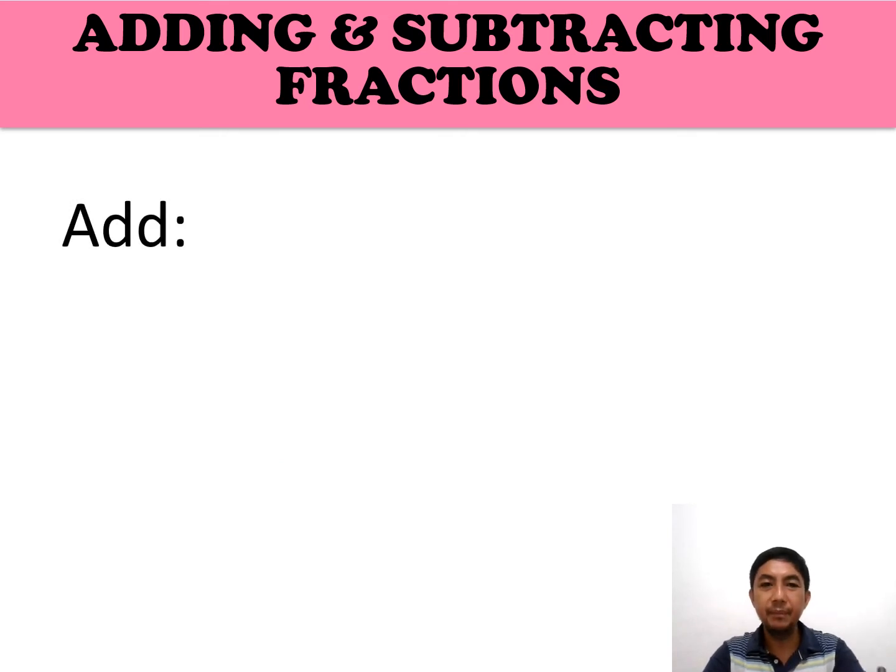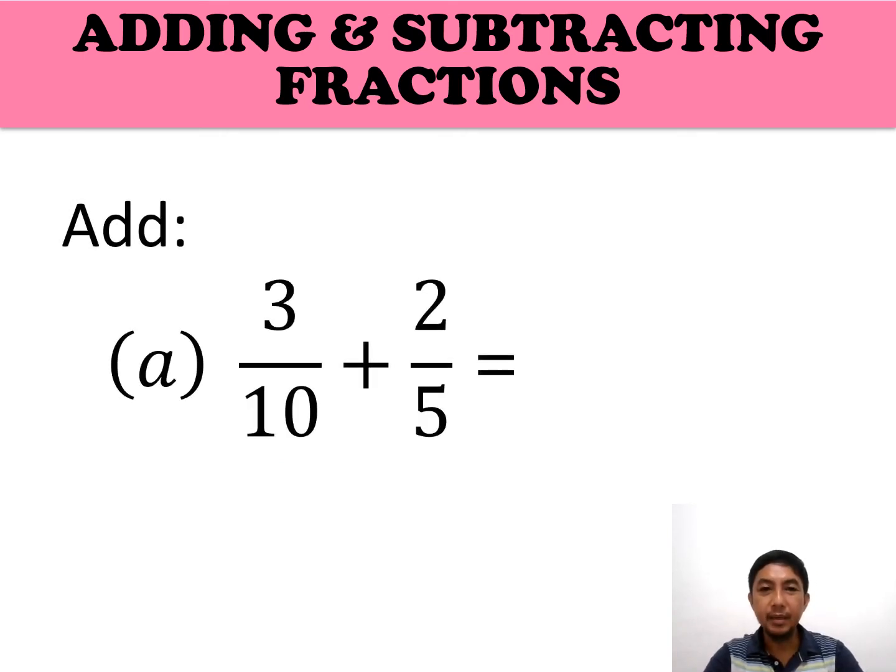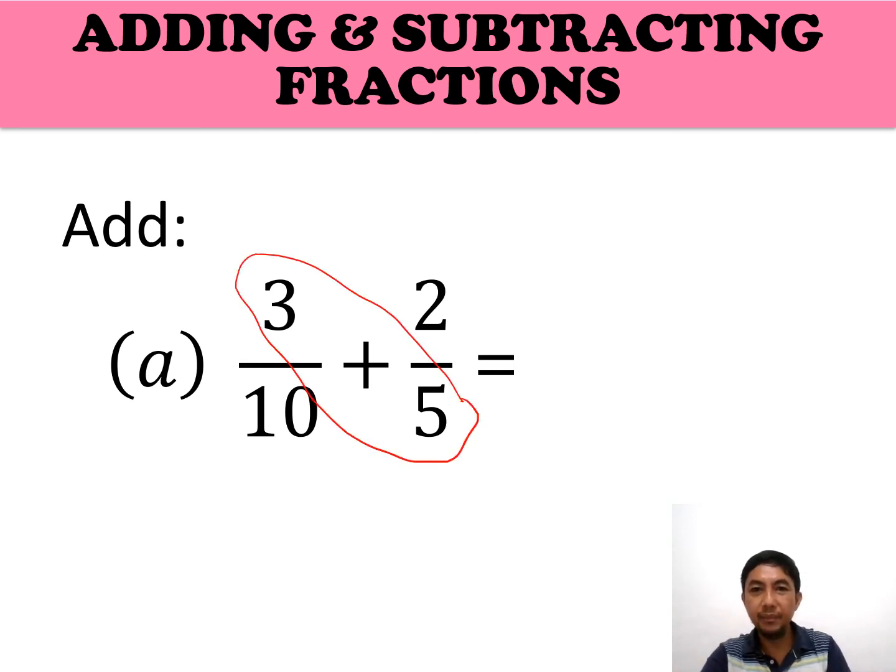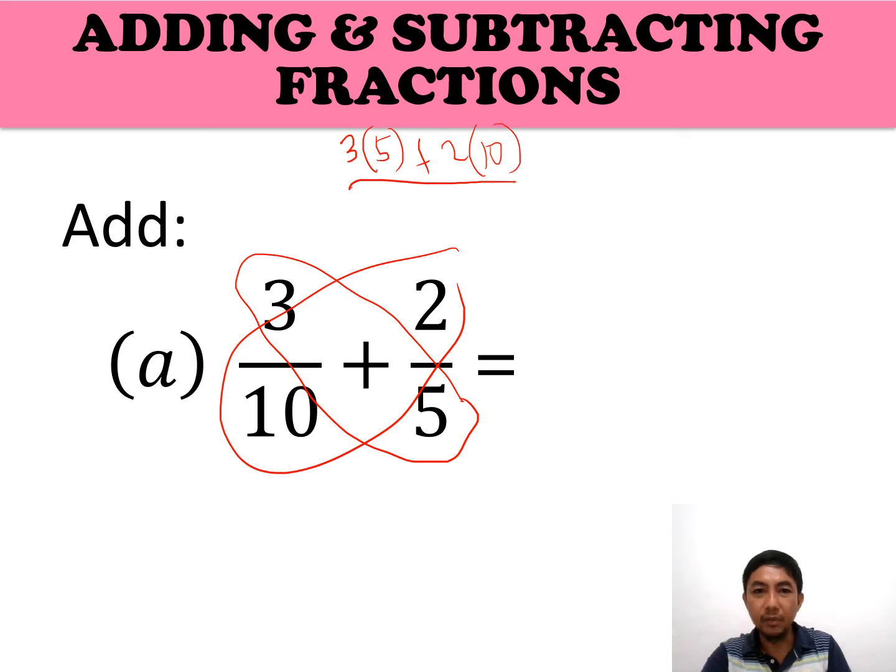For example, suppose we want to add 3 over 10 plus 2 over 5. So using the rule, 3 times 5 plus 2 times 10, all over 5 times 10.